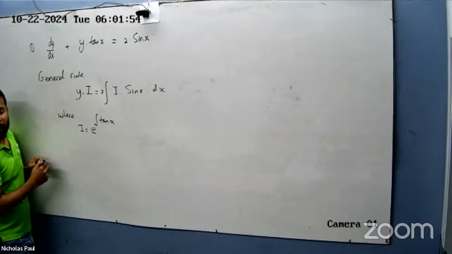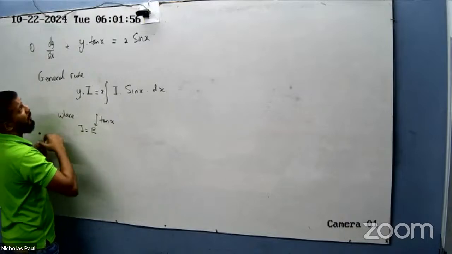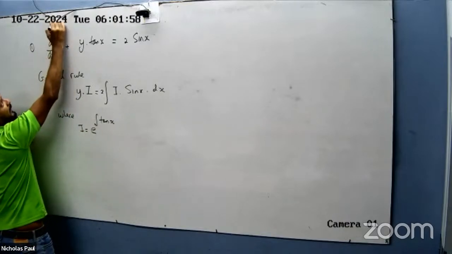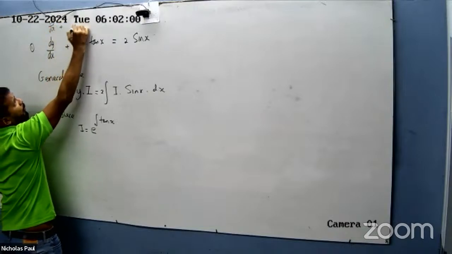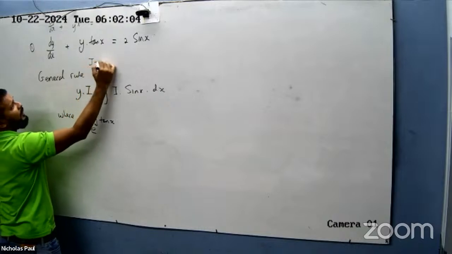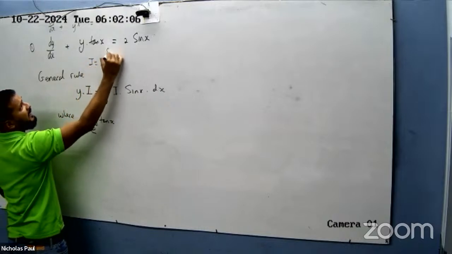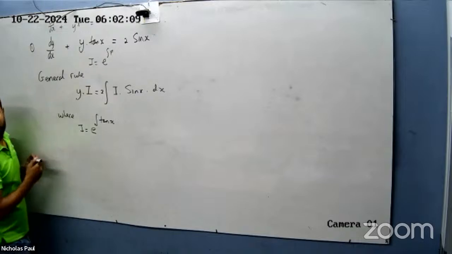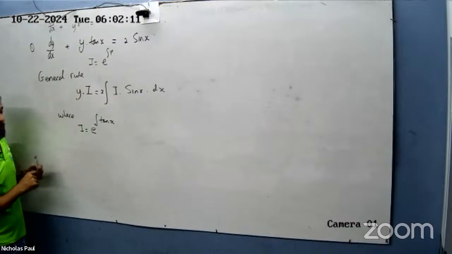Generally, it's of the form dy/dx plus yP equals Q, so I is always e to the integral of P.